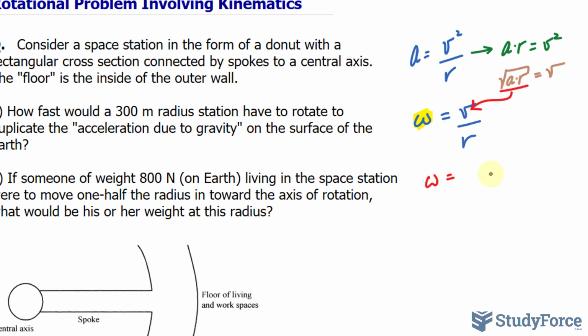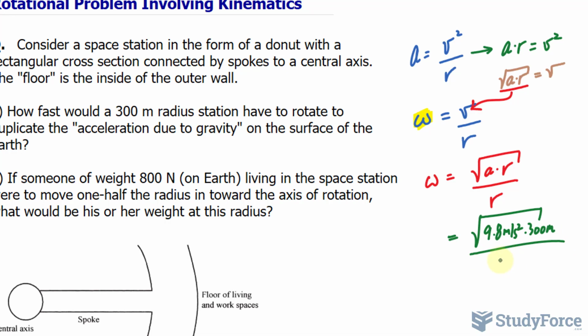So I have omega is equal to the square root of a times r over r. And from here, all I have to do is substitute my values, 300 for r and 9.8 meters per second squared for a. So here's what happens. The square root of 9.8 meters per second squared times the radius of 300 meters over 300 meters.